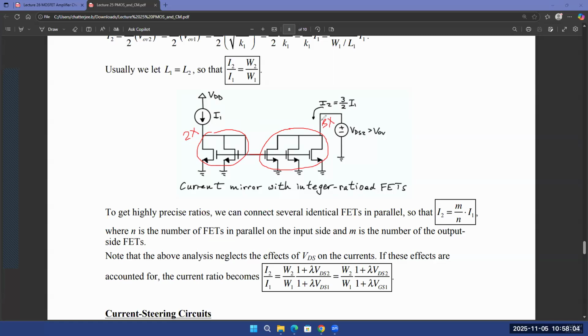So if the current flowing through one transistor is x, then 2x is equal to I1, and 3x is flowing through the right side branch, so I2 is equal to 3x. So what is I2 in terms of I1? If I1 is 2x and I2 is 3x, I2 is going to be 3 over 2 times I1. So you can also create non-integer ratios. It's not necessary that you have integer ratios.